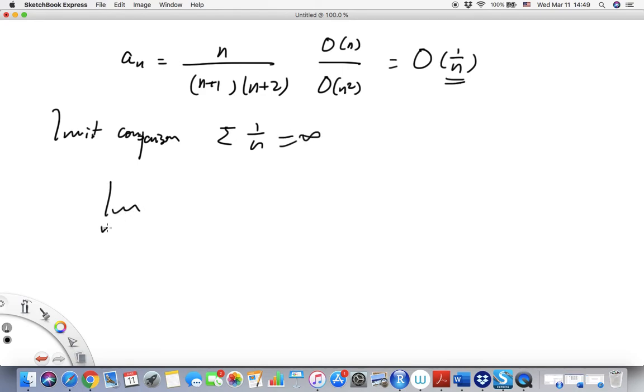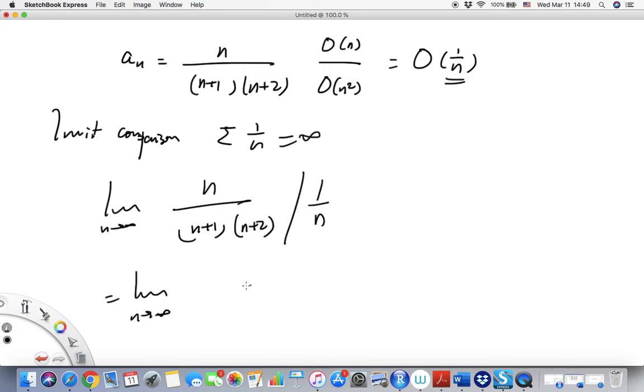So we take the limit of the ratio, which is equal to the limit as n goes to infinity of n squared over n squared plus 3n plus 3. Again, we divide numerator and denominator by n squared.